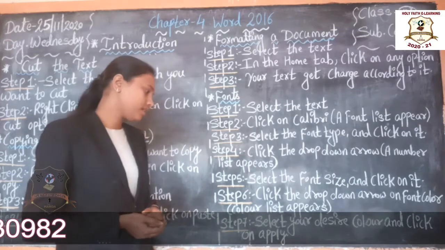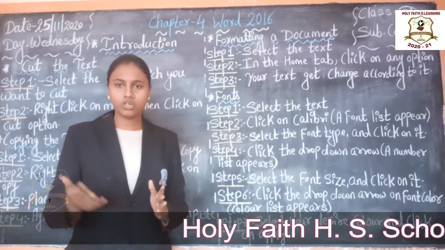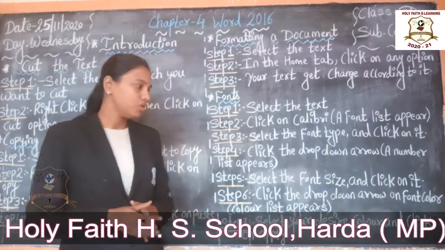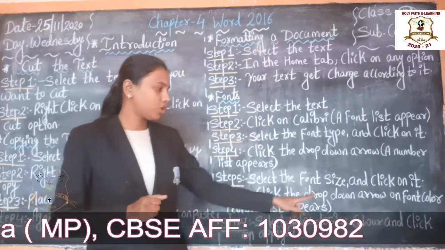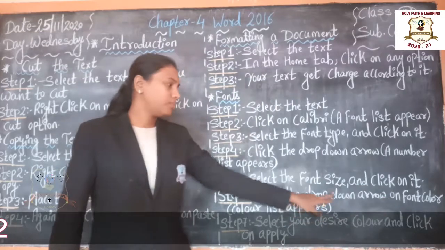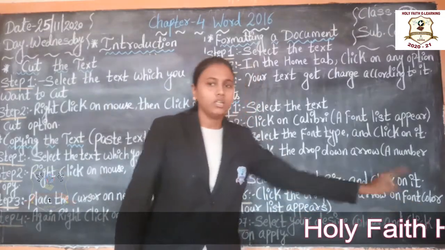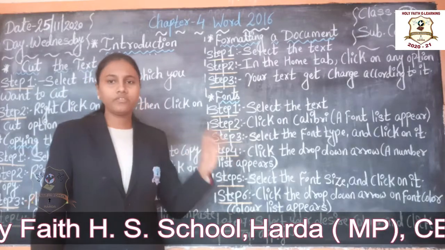Now next, for changing the color, if you want to change the color of your text, you can change that also. First, select the text and then click on the drop down arrow of font color. When you click on it, you will get a list of different colors.